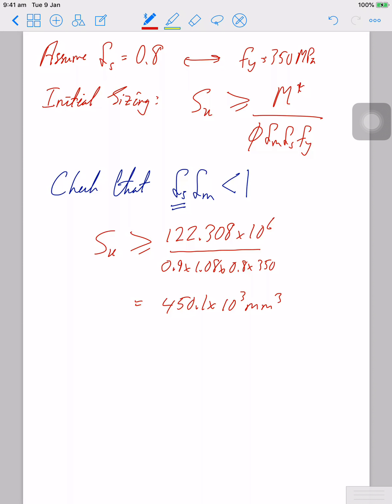Now we're going to select our member. So from the OneSteel catalog, choose 310 UB 32.